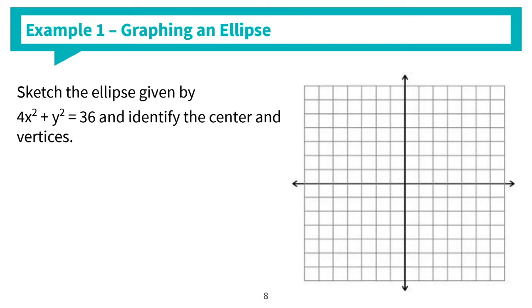So let's just remind ourselves that the standard equation of an ellipse looks like this: (x minus h) squared over, and we know the denominator could be a squared or b squared. For now, I'm just going to make it a squared, and then (y minus k) squared over b squared equals 1.